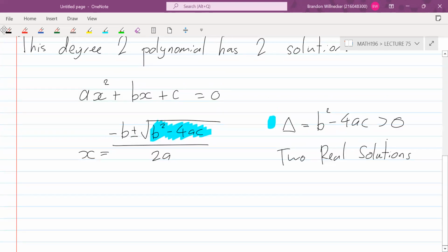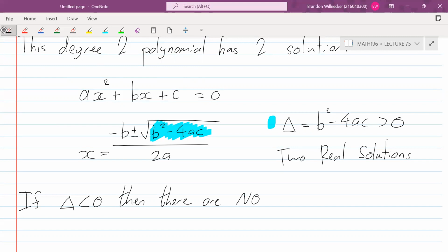Now, if this discriminant is less than 0, we say that we have non-real solutions. That's what we would have said back in high school. So if delta is less than 0, then there are no real solutions.